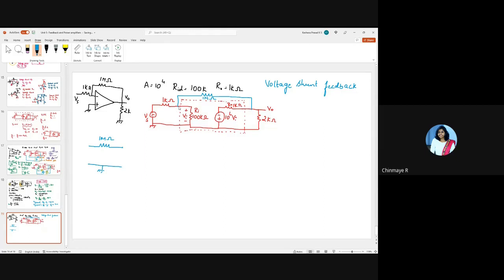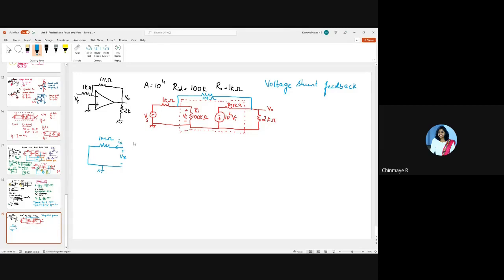Since current is fed back as shunt at the input, how do we calculate the effect of this feedback resistance on the output side of the amplifier? We short the input, right? We give some voltage Vx here, okay, and try to find out what is the current Ix.